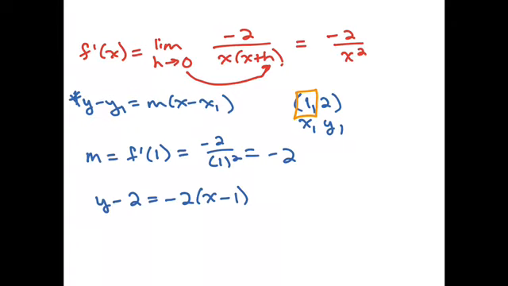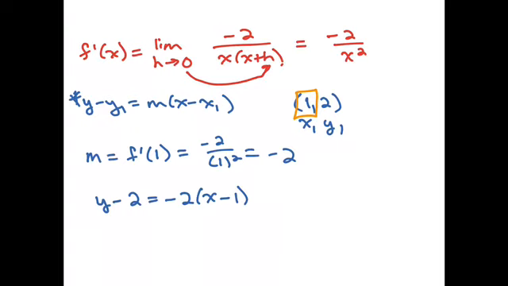And that's a perfectly good answer, but WebAssign tends not to ask you in point slope form. On the test, I strongly suggest you stop there if I don't specify, and I usually don't. Because at this point, I've done all the calculus. I have a perfectly valid equation of a line. If you keep going and you make a mistake, I'm going to count off.